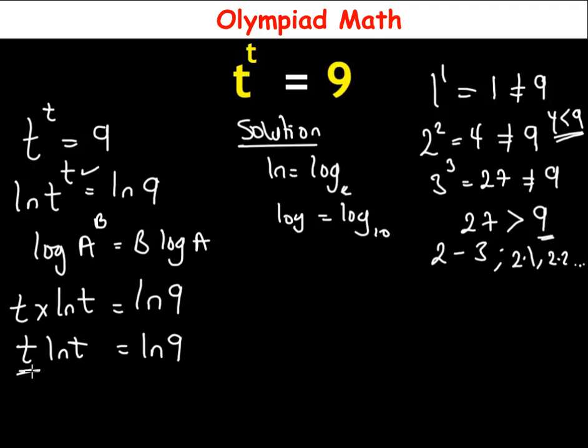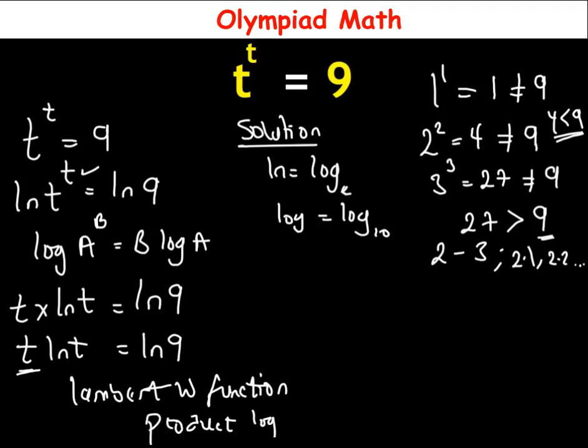At this junction, to solve for the value of t, we'll introduce what is called the Lambert W function. We call it the Lambert W function, or it's also called the product log, or the omega function. Now, what exactly is this Lambert W function?